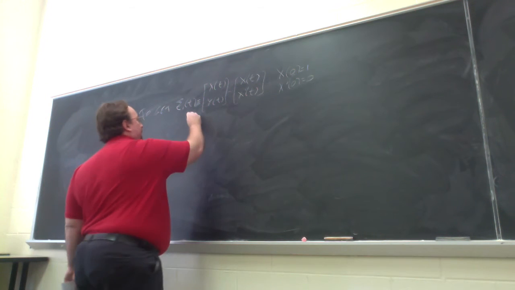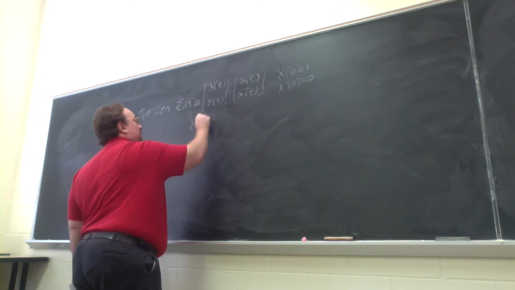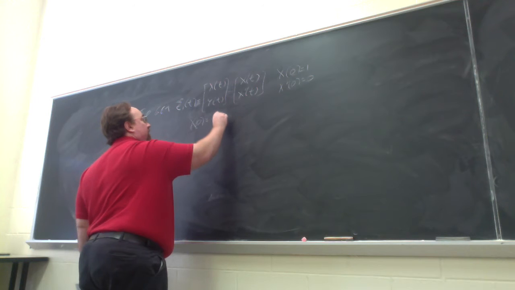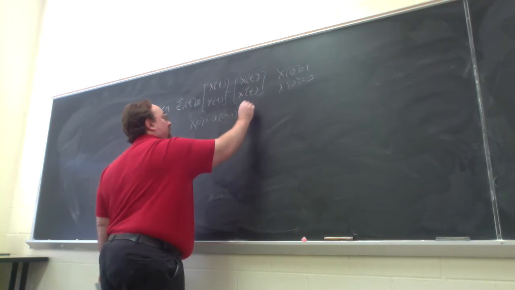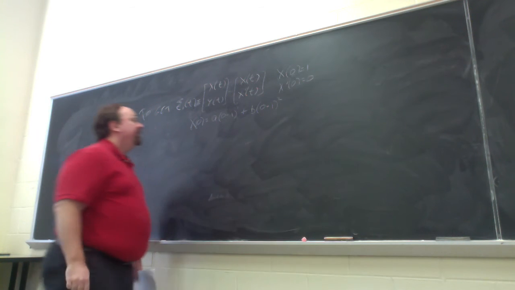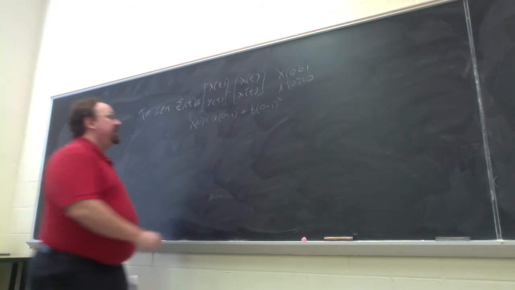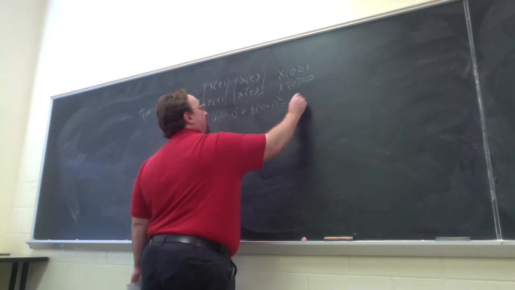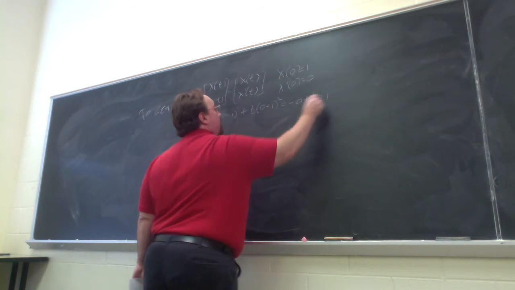So x of 0 is a times 0 minus 1 to the first, plus b times 0 minus 1 squared. So that's going to be minus a plus b, and that needs to be 1.